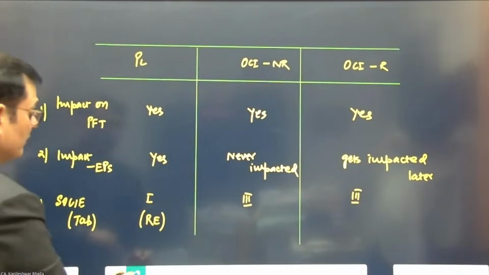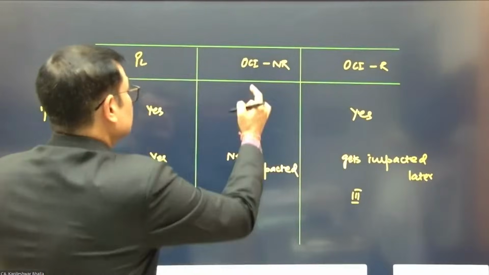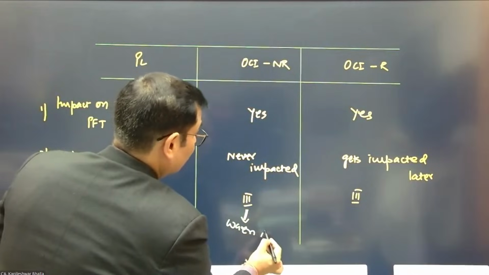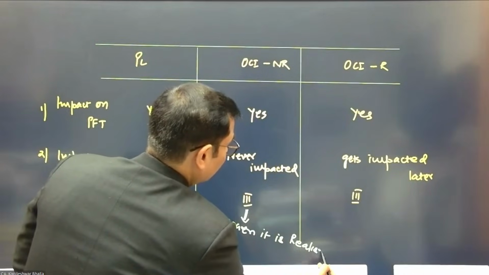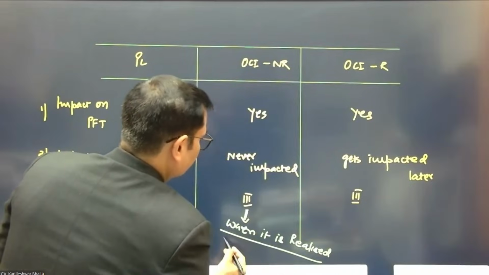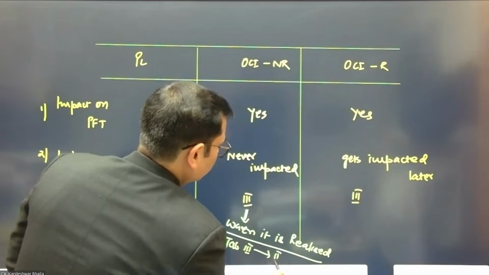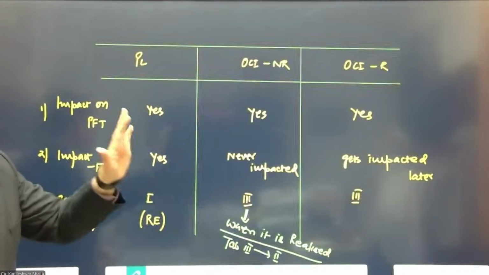Now, in this particular case, when this goes in tab 3, since it is NR, when it is realized, what happens? It shifts from tab number 3 and it goes to tab number 2. When it is realized, we shift that money from tab 3 to tab 2.